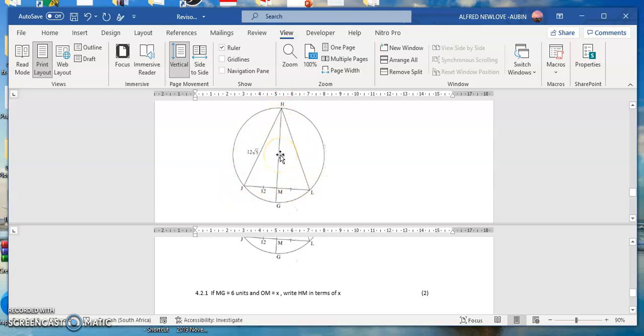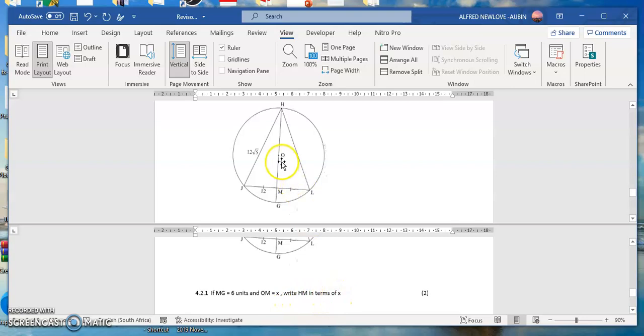This is the center, this is the radius, OG is also radius. The first question says, if MG is 6 units, and OM is X, write HM in terms of X.